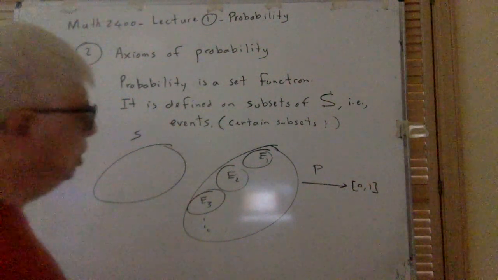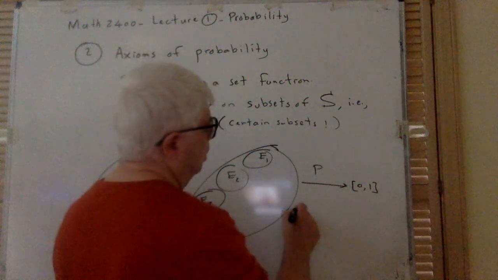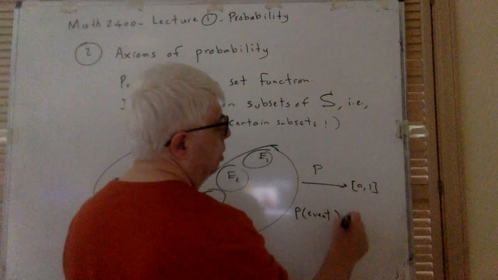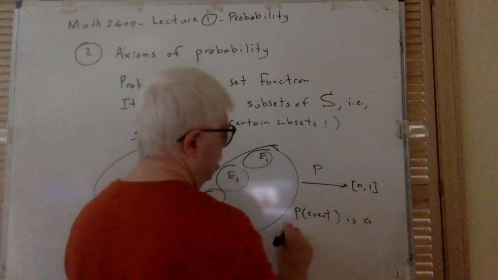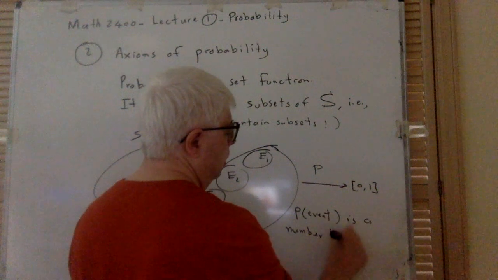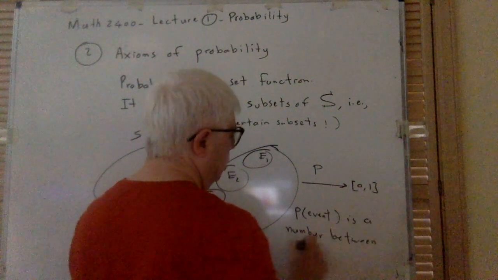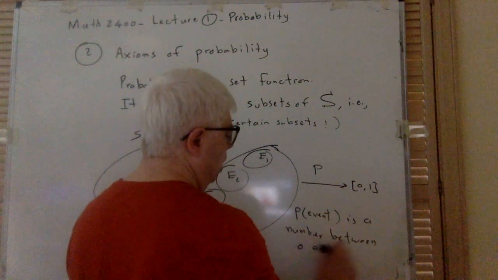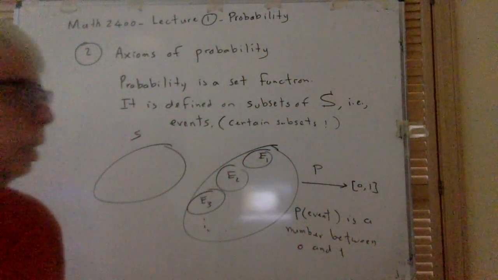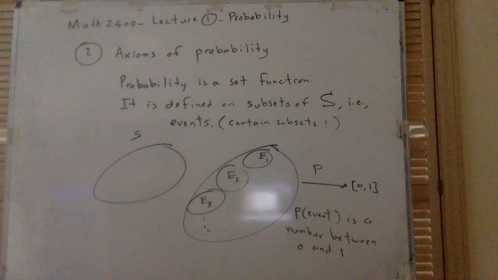So P of an event is a number between 0 and 1.